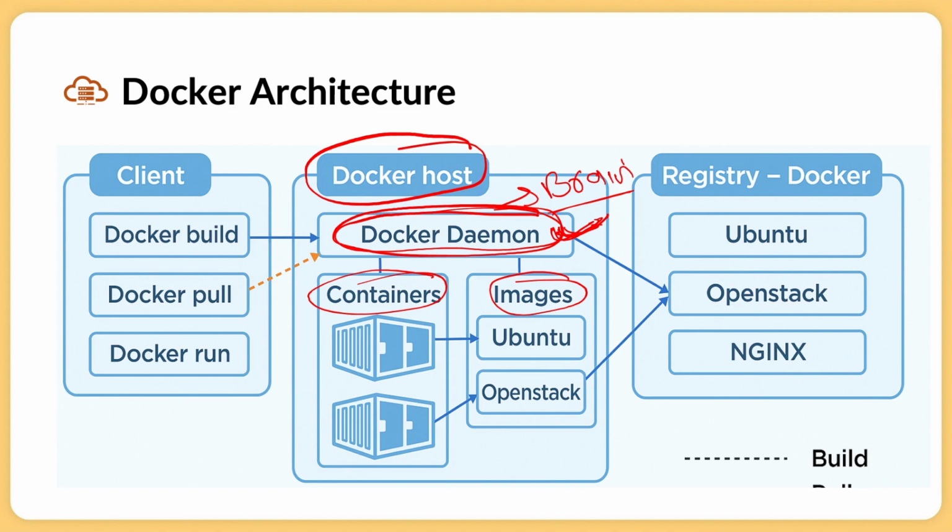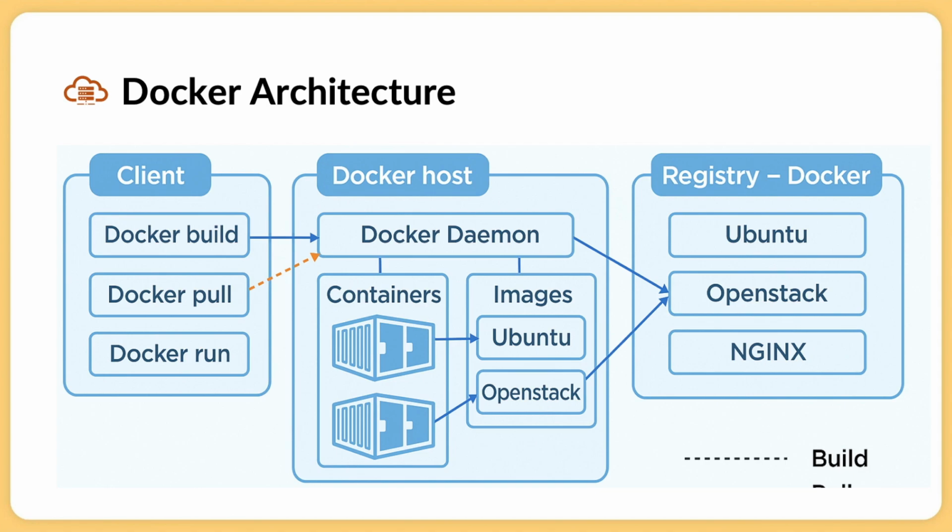Now let's quickly understand what different tasks can be done by this Docker daemon or dockerd. We already understood one of them is building the image. As a client, when we run the command docker build and pass our specification, this request goes to the Docker daemon, and Docker daemon creates the image, let's say Ubuntu.